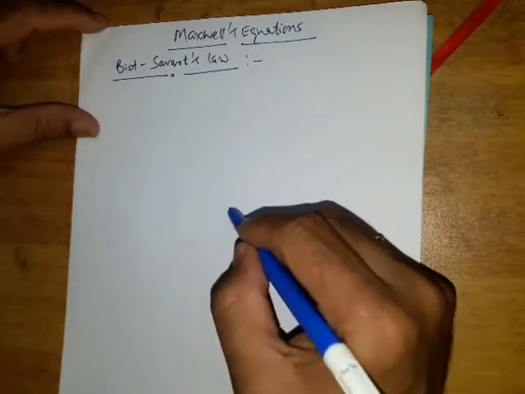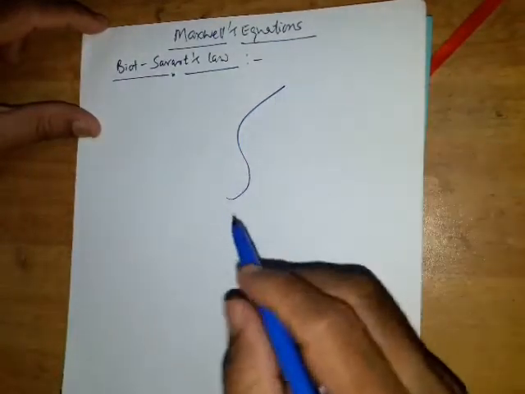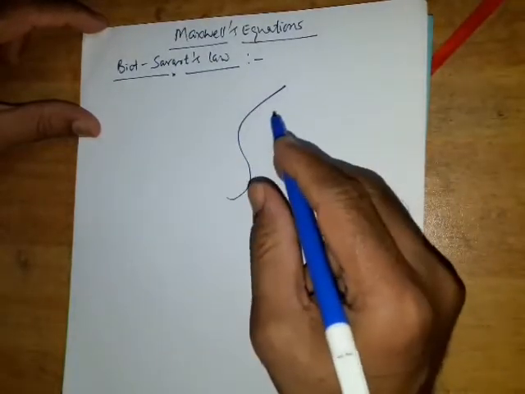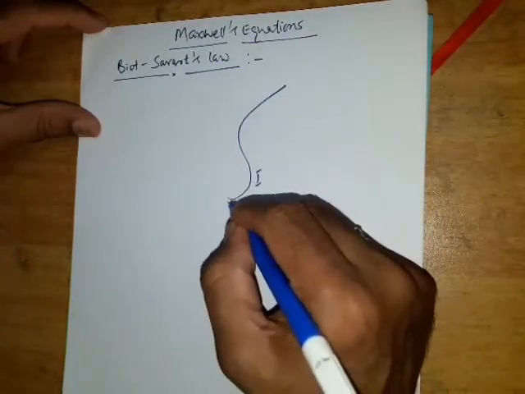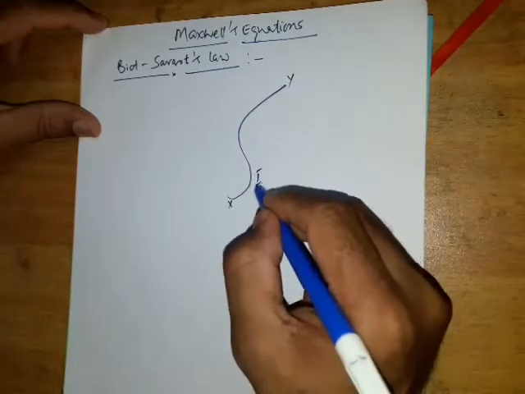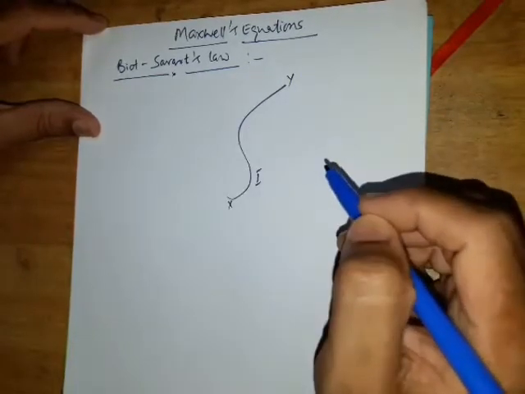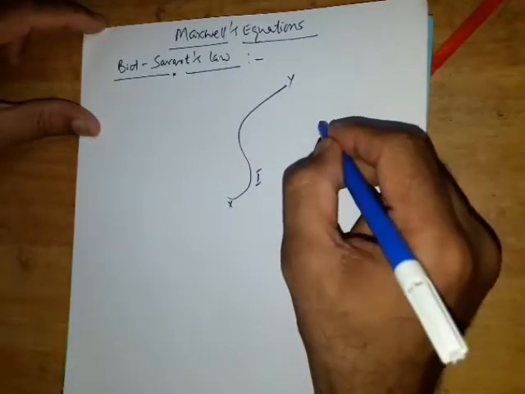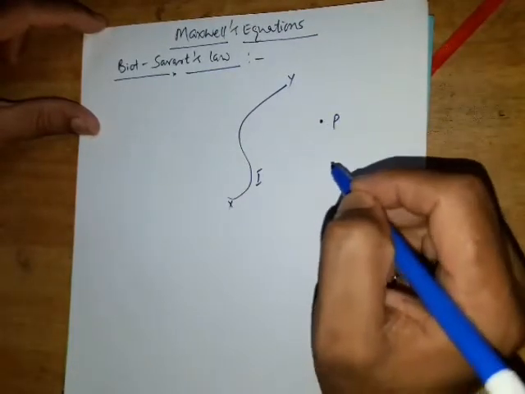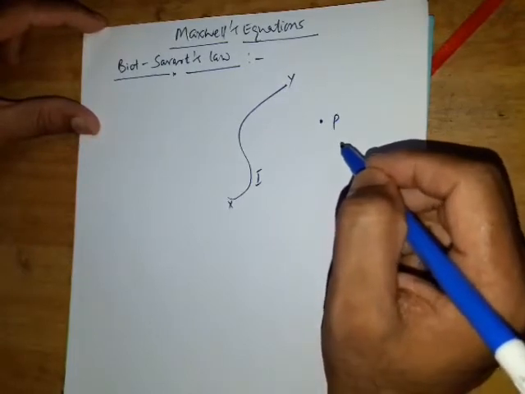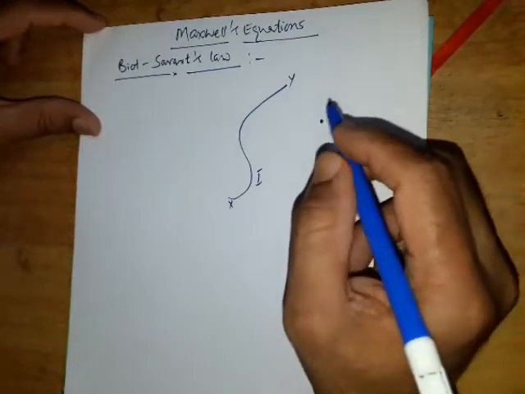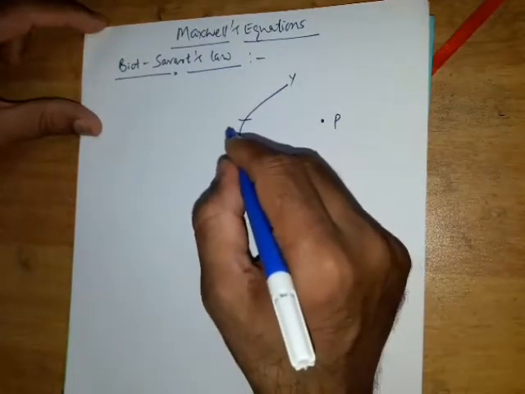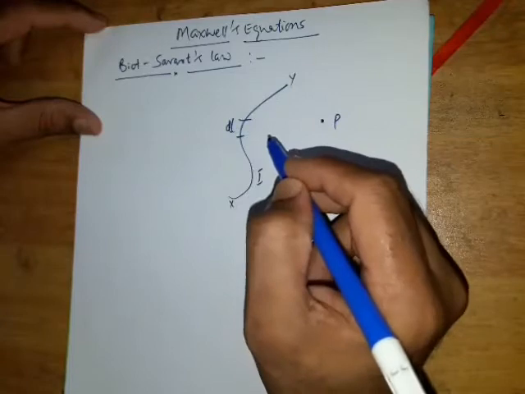So if you imagine a current carrying conductor, say some xy, let I be the current through this conductor, and consider an arbitrary point P where the field has to be found due to a differential element, the current through the differential element dl.